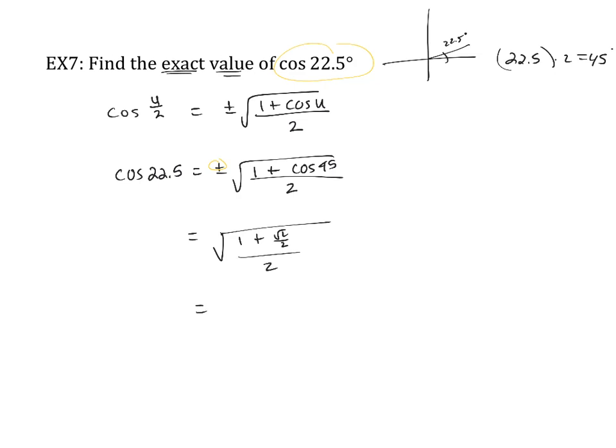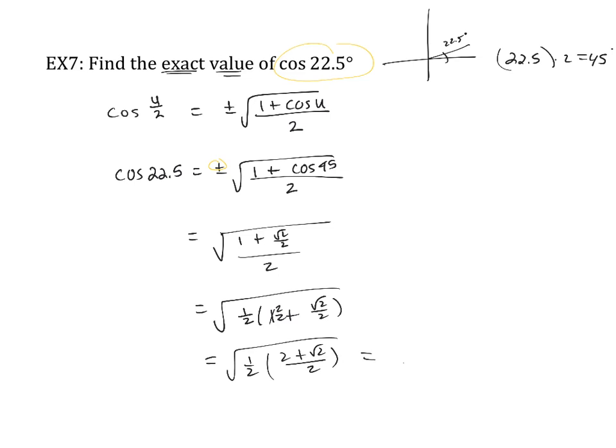Instead of dividing by 2, I'm just going to write that as 1/2 times all of this, square root of 2 over 2. Let's write this 1 as 2 over 2. So it would be 2 plus root 2 all over 2, and then we'll multiply that by the half. So the final answer is 2 plus square root of 2, all over 4.